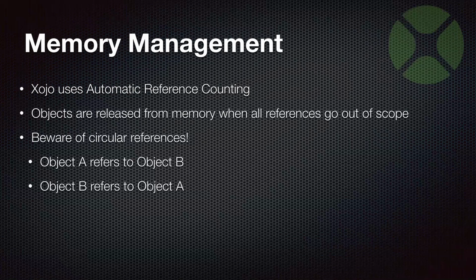And there's no way for both of those to go out of scope, because if object A goes out of scope, that's great, but object B is still referring to object A, and maybe you no longer actually have a reference to object B because object A had the last reference to it. So you could end up with this reference still being around, and that memory just never gets freed for the life of your app. So the way to clear that up is to nil things in the right order so that reference counting happens.